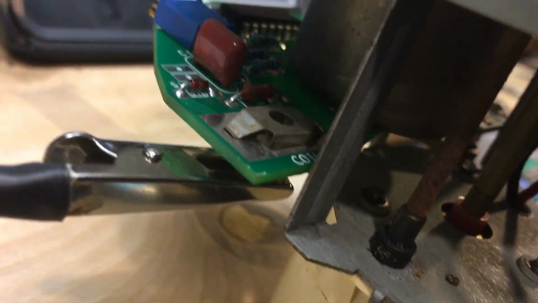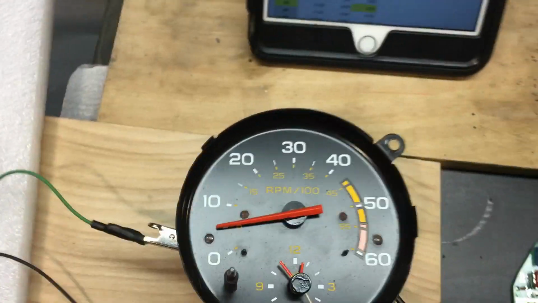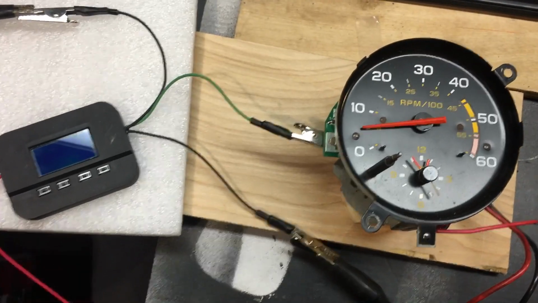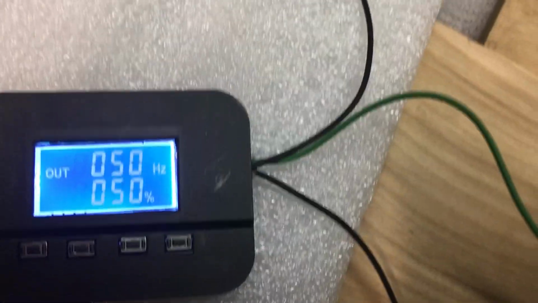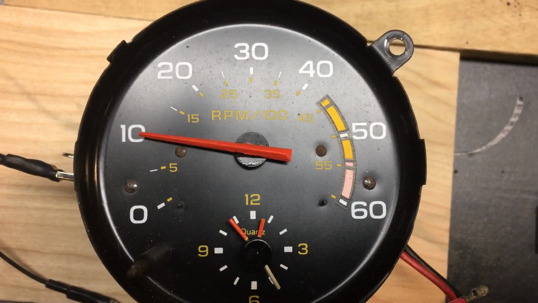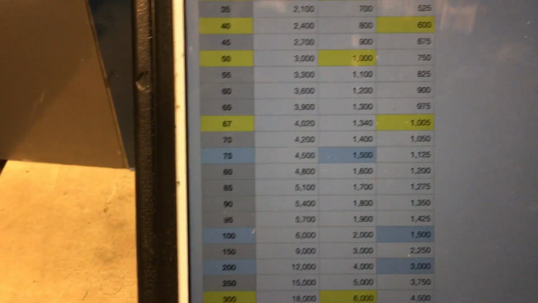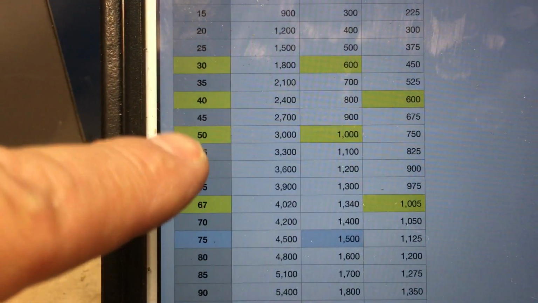Okay, that is connected to the coil output. Now when I turn this on, we should get light, and we have 50 hertz output. We see 1000 RPM on the tachometer, and for a 6-cylinder engine, 50 equals 1000.